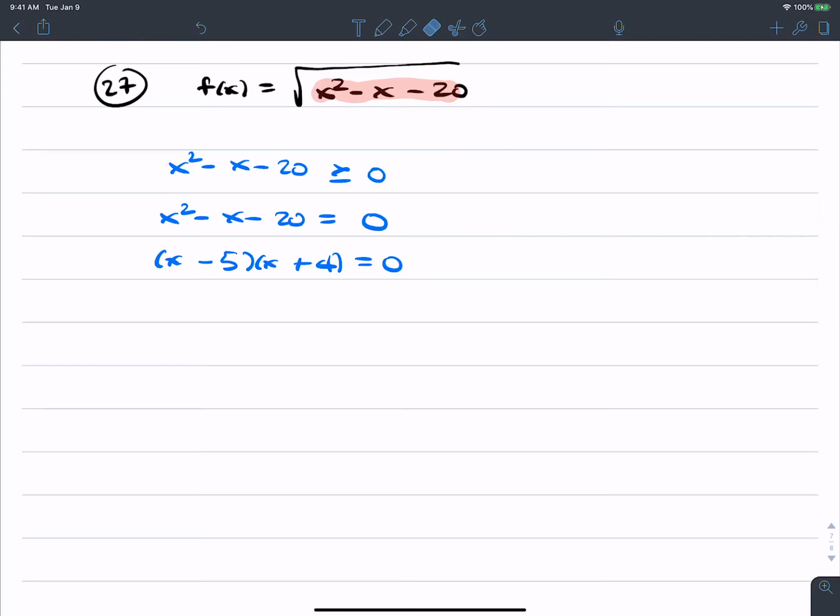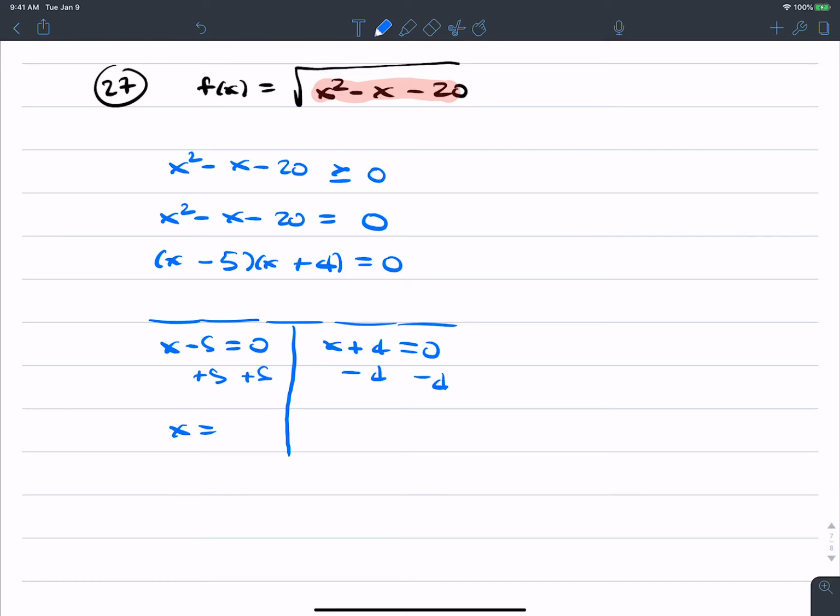The zero product rule says x minus 5 is 0, x plus 4 is 0. Add 5 to both sides, subtract 4 from both sides, we get x is 5, and x is -4.